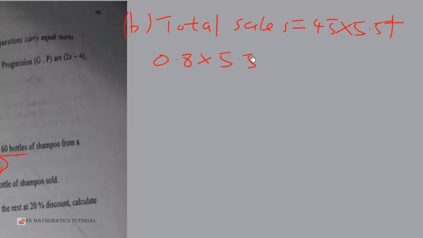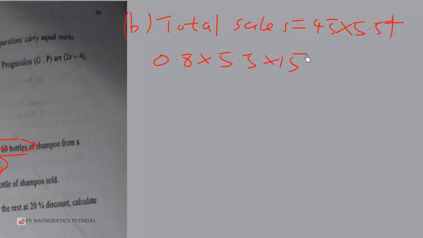So the remaining bottles will be 15, because he bought 60 of them and he sold 45 of them already. So he is left with 15 bottles, times 15.